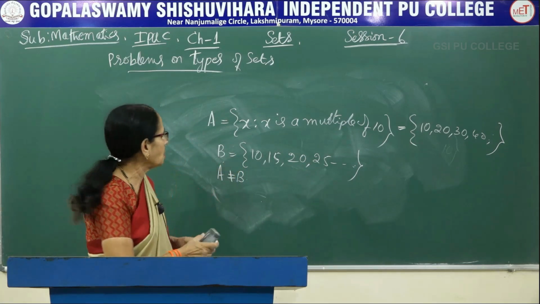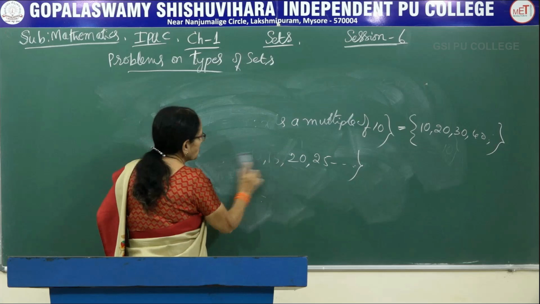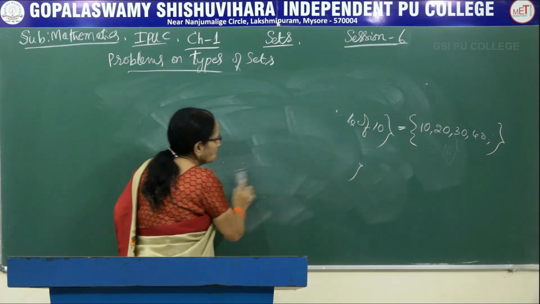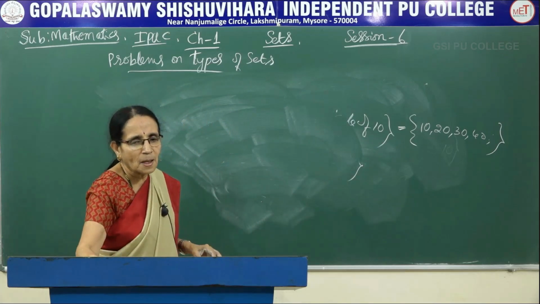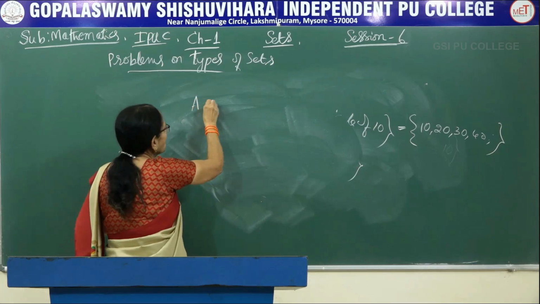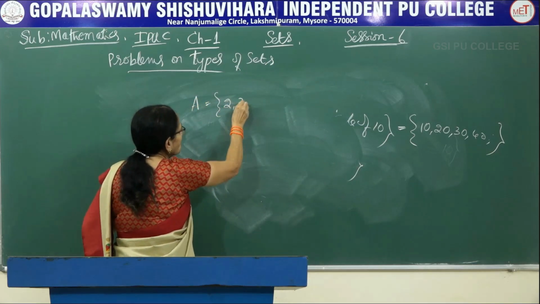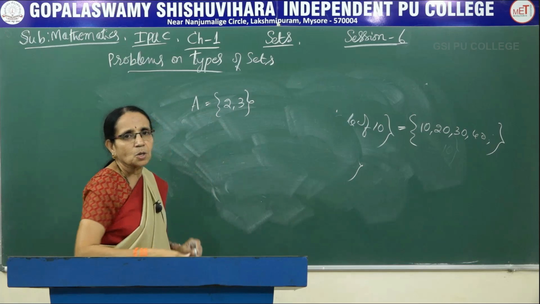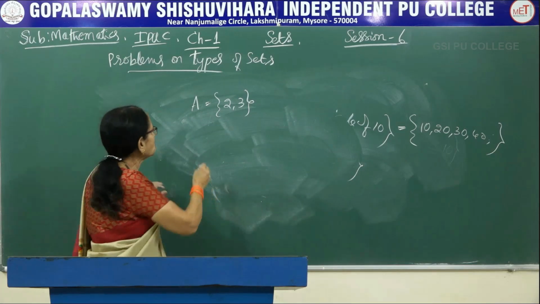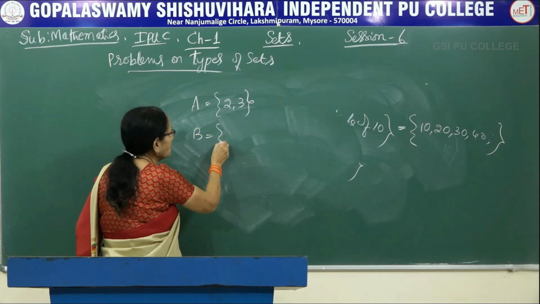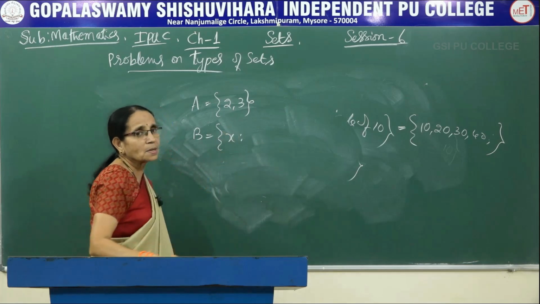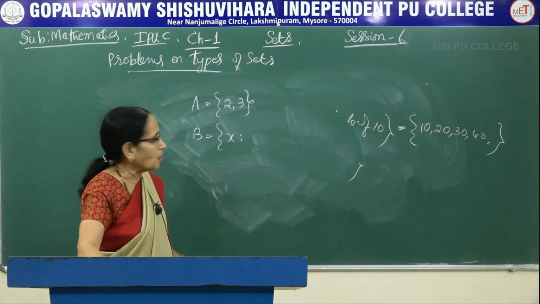Now, one more problem and I will be concluding the session here. Now, the next problem is the set A contains only 2 elements, 2 and 3. Now, set B, I am representing the set in the set builder form.